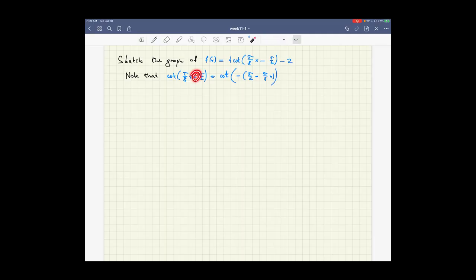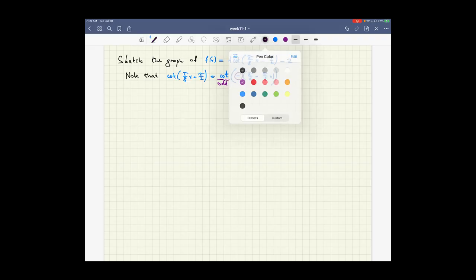All I did was factor out -1 from the expression inside cotangent. And now I'm going to use the fact that cotangent is odd. And so the minus inside cotangent can be taken out. So that'll be negative cotangent of pi over 2 minus pi over 8 x.